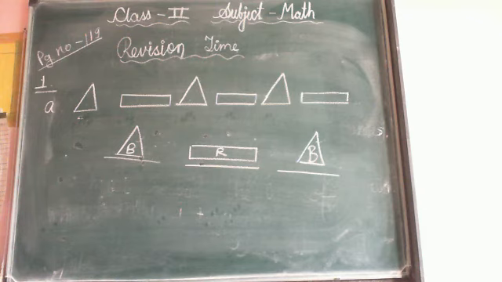Do it with neatness and cleanliness. First of all, draw all the three shapes, then color them. Both the triangles will be blue and the rectangle will be red.